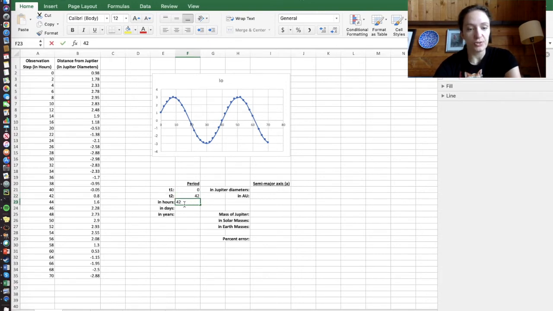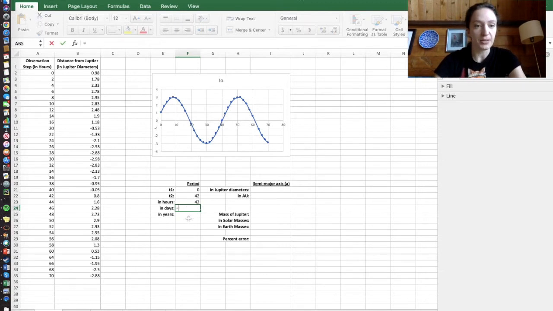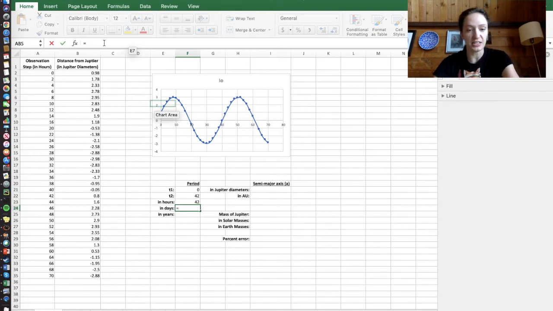Then you're going to convert this to days, because this is currently in hours. To do this in Excel, you're going to enter equation mode. To enter equation mode, you click on the cell you want and press an equals sign. You notice up here, this is the equation bar. This is where you can really type it in detail. In here, you're going to click on your 42 box.